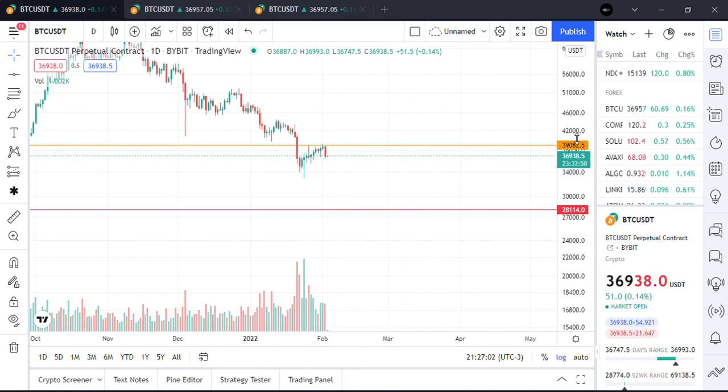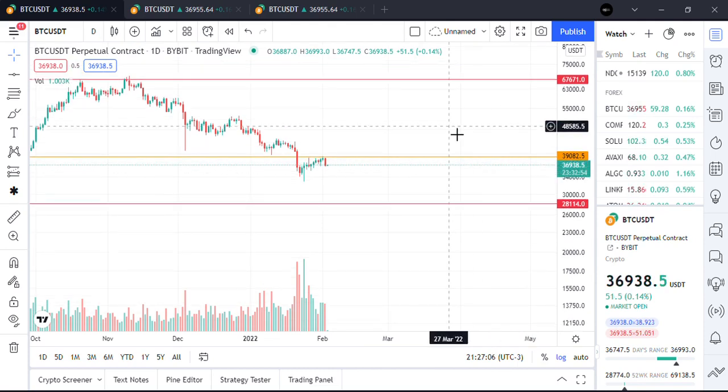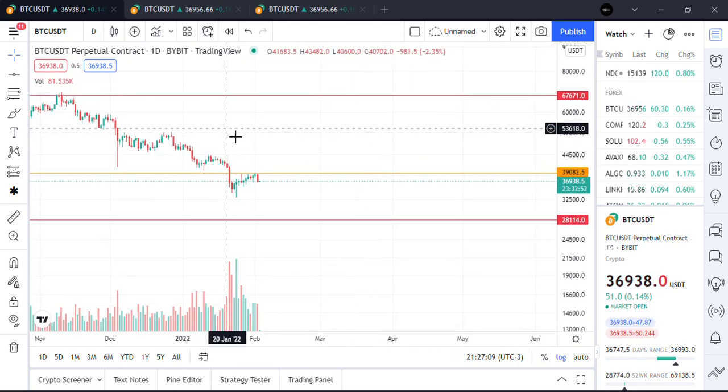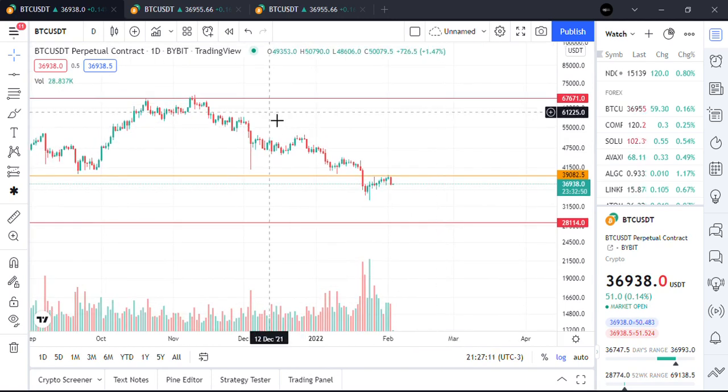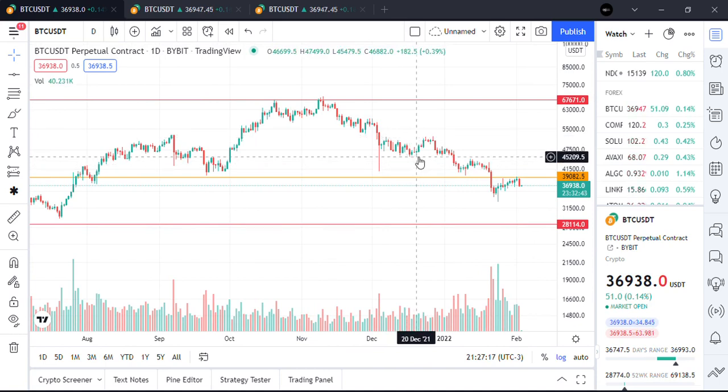So that's support for the daily time frame. You can draw more support if you look very well. You can see support over here, another support here.